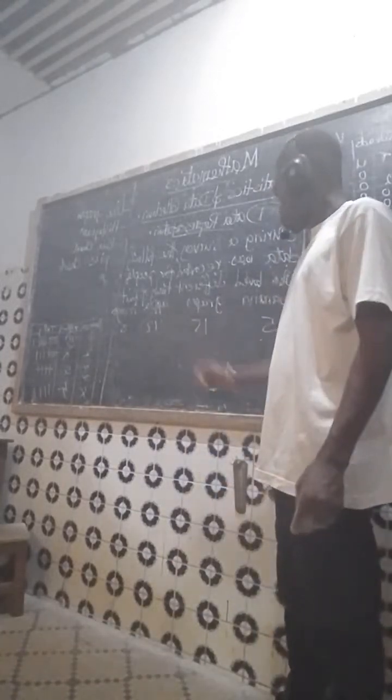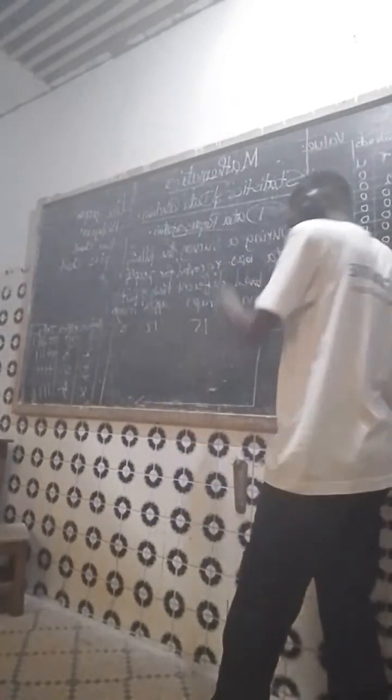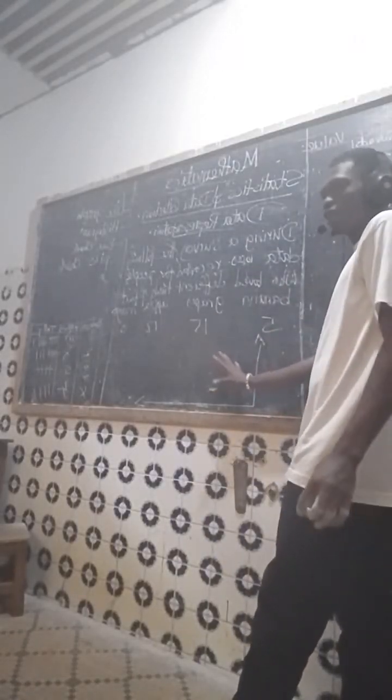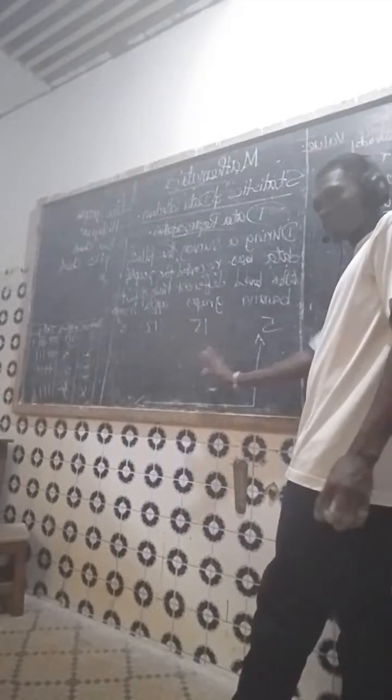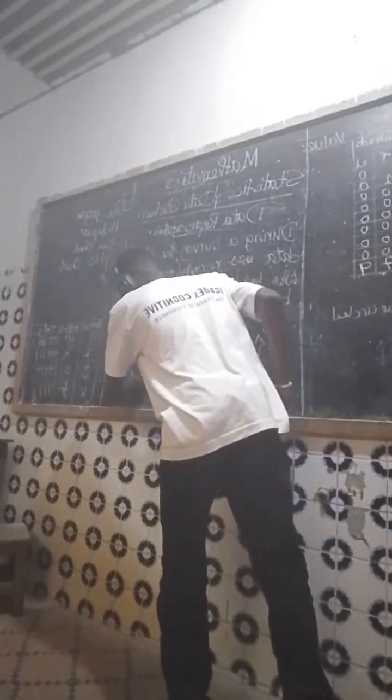So look at what I'm going to do now. I'll draw my line graph like this. Not more a Cartesian plane. I'll represent only one section of the line graph, the first quadrant. Here I'll write fruits.